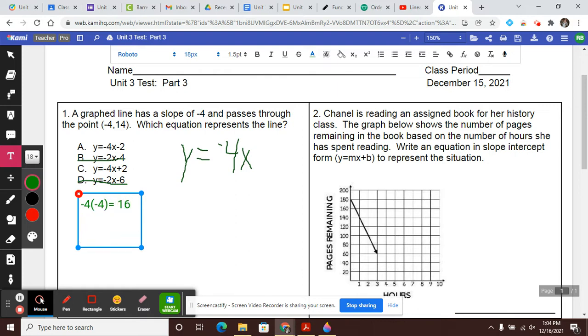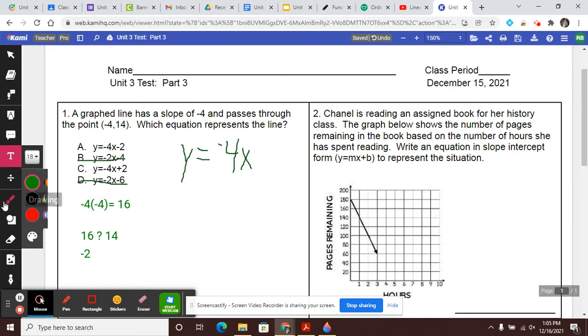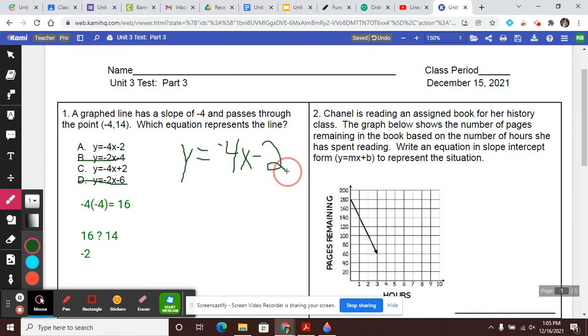My next step is to figure out how I get from 16 to 14. To get from 16 to 14, I have to go down 2. So that means my y-intercept is going to be -2. I'm going to write that here. Then I look for the equation that matches that, and that's going to be A. That's my answer, because this one is +2, so it doesn't work.